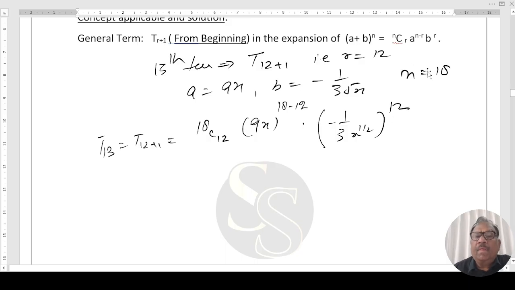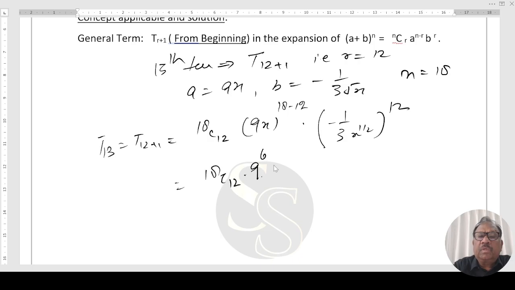Then this comes out to be 18C12 into 9 to the power 6 into x to the power 6 into minus 1 by 3 to the power 12 into 1 upon x to the power 6 square.